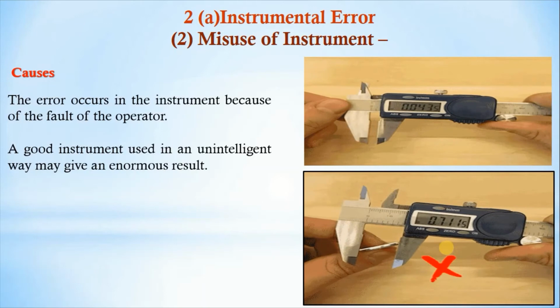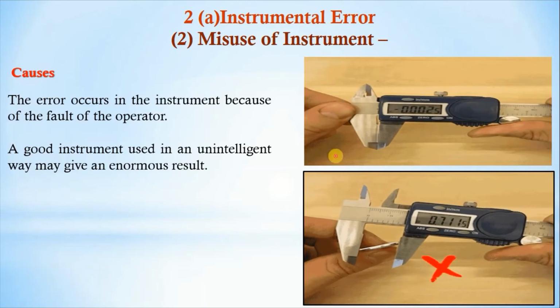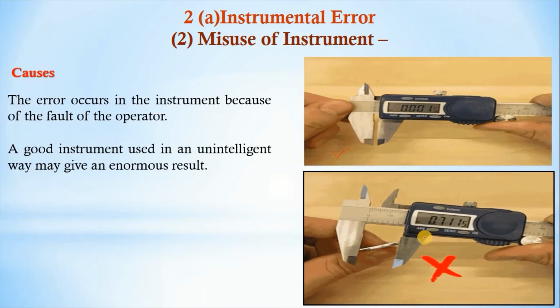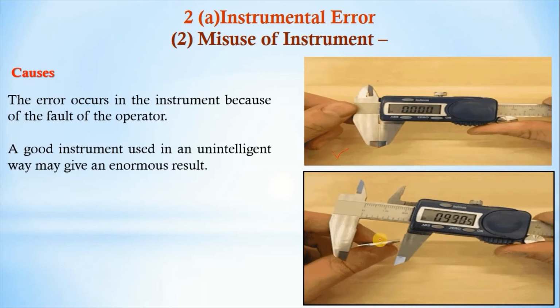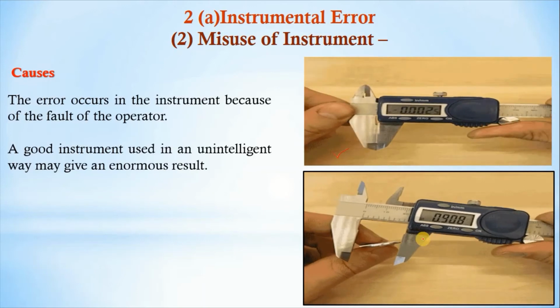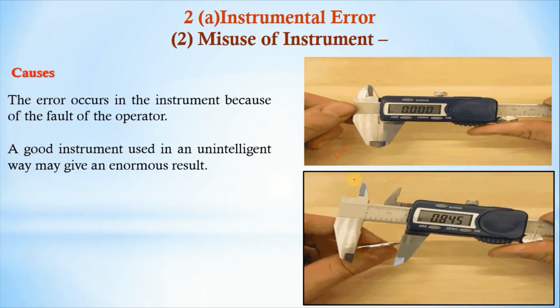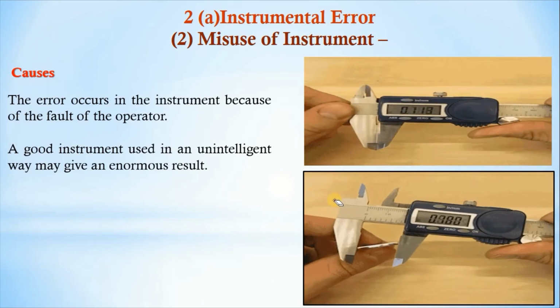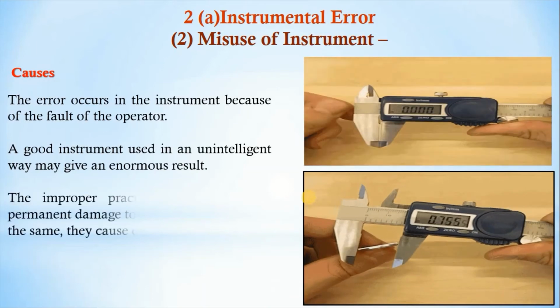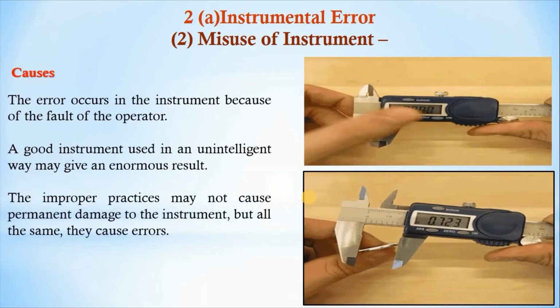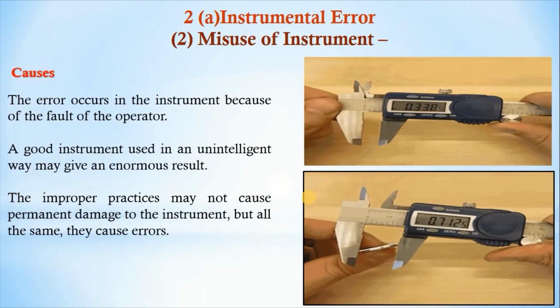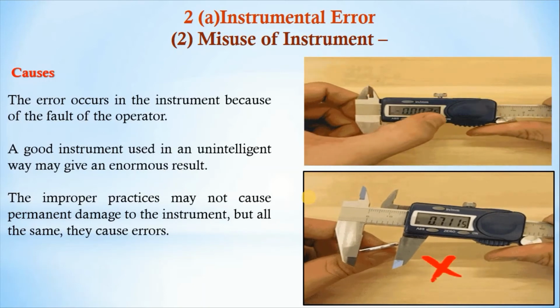Like this tool, it is calibrated, but if it is used in a wrong manner when measuring the object's dimension, then there is a possibility that it will give an error. Improper practice may not cause permanent damage to the instrument, but all the same may cause errors.